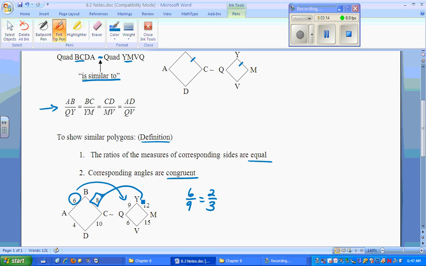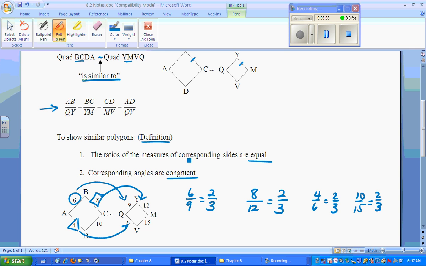This side here had to match the 12, so that's 8 to 12, which reduces to 2/3. We have the 4 matching the 6, 2/3, and last but not least, the 10 to 15, which is 2/3.